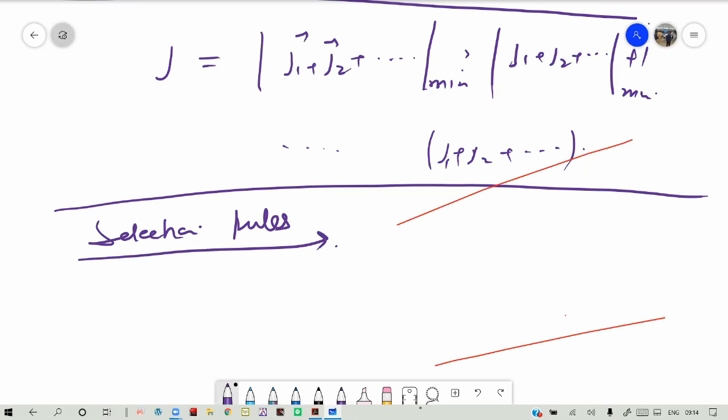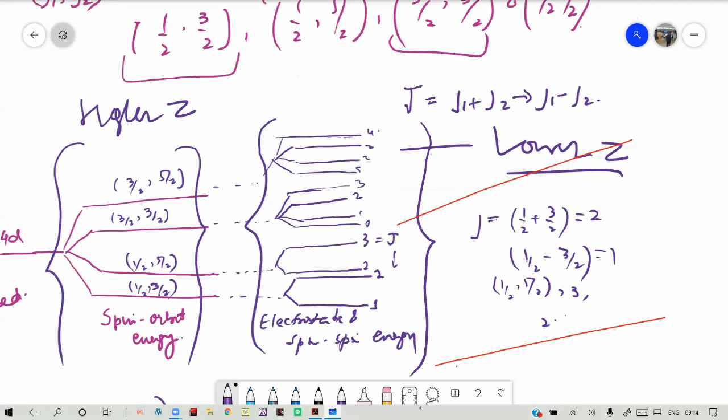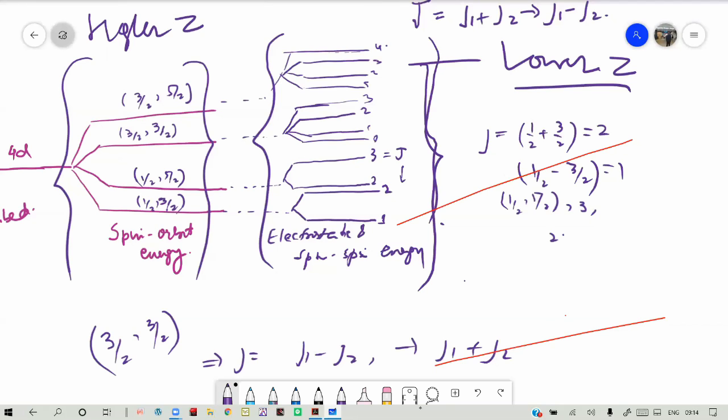The selection rules, that means the transitions which are allowed in this configuration. What will be the selection rules for this case?